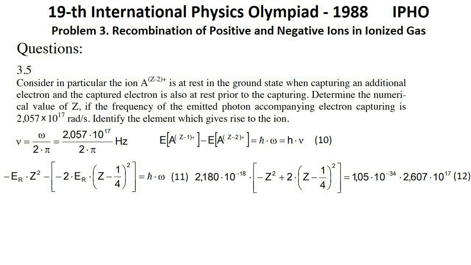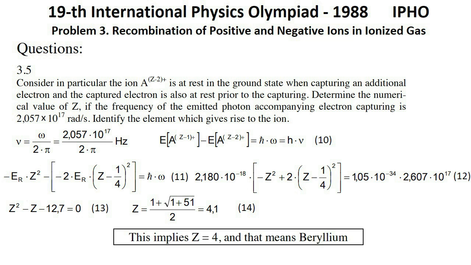Putting in known numbers gives equation 12, which can be simplified to 13. With physical sense, Z is 4.1. Expression 14. This implies Z equals 4, and that means beryllium. That was the solution to question 5. So we discussed all 5 questions of problem 3.